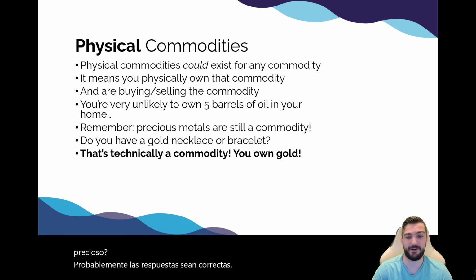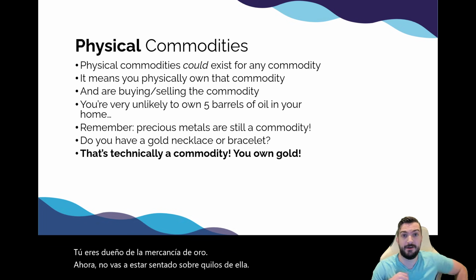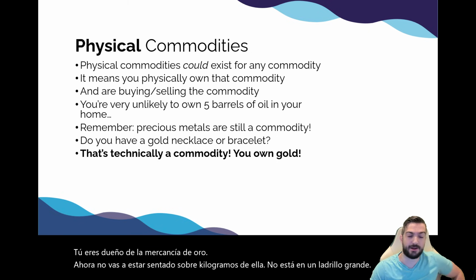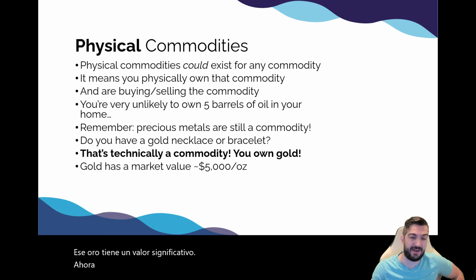That's technically a commodity. You own the gold commodity. Now, you're not going to be sitting on kilograms of it. It's not in a big brick, but that gold has significant value. Right now, the gold price is around $5,000 per ounce of gold.